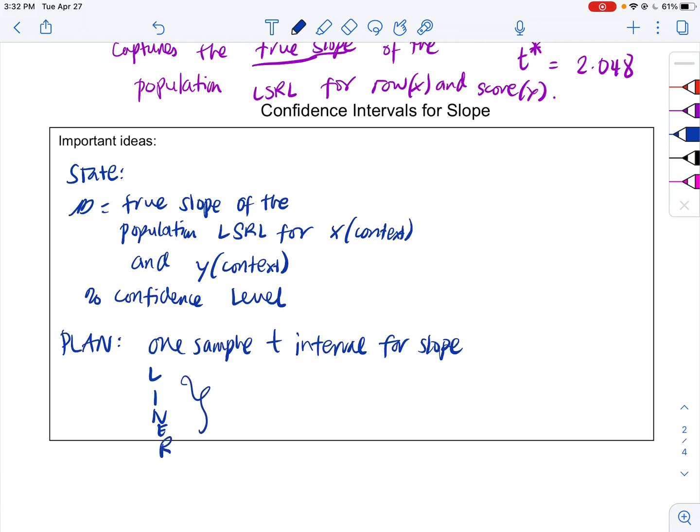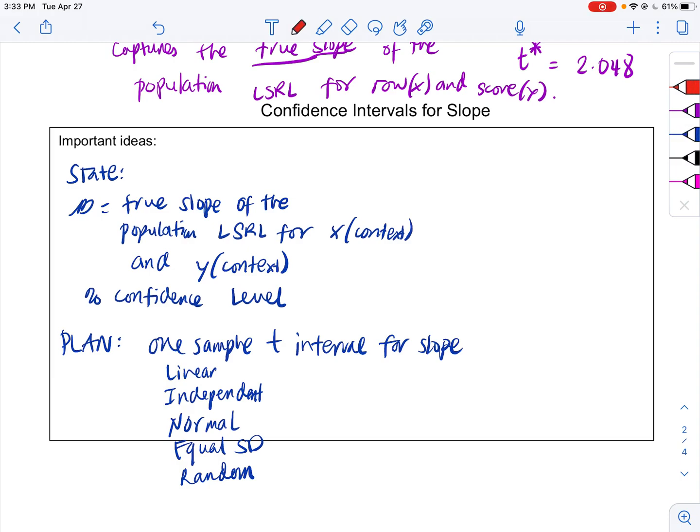And then for conditions, it's LINER. You can see the previous page to see what LINER means, but let me just put that in there so that you don't have to. So linear, independent, normal, equal SD, equal standard deviation, and then random.